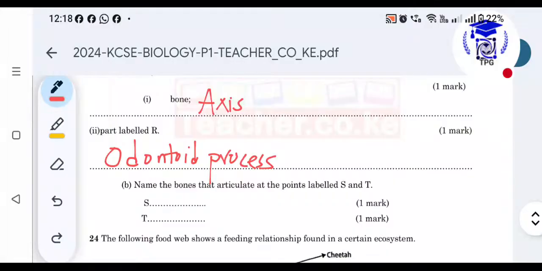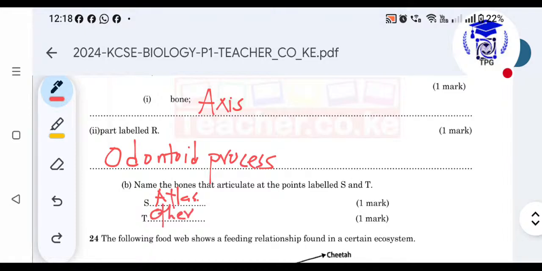Tuende part B. Name the bone that articulates at the point S. Hapo S juu inakuanga atlas. And atlas has a very huge centrum. Then yenye inashikia hapo chini ni other cervical vertebrae. Why do we say other?